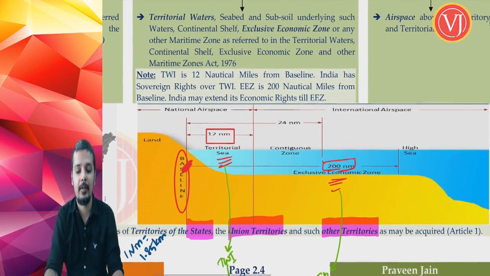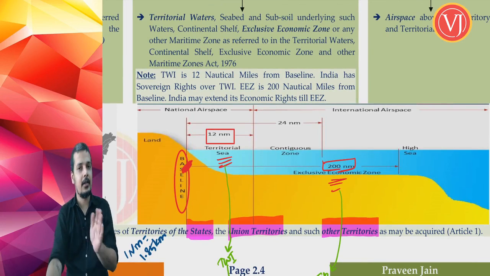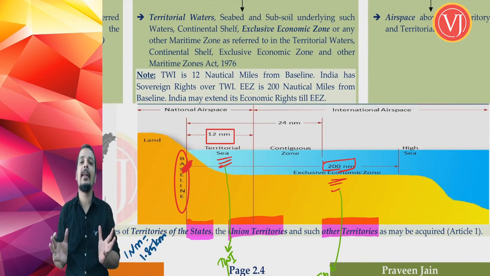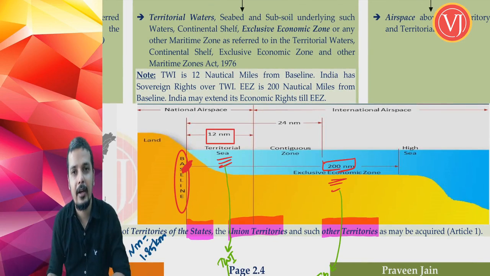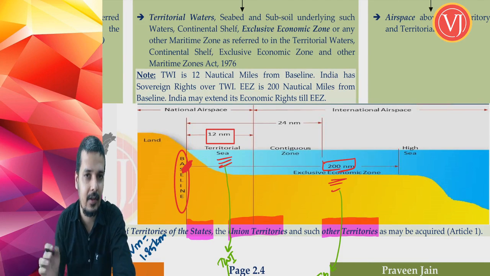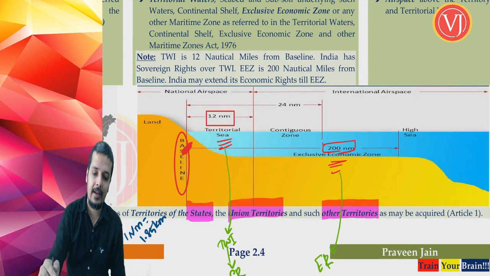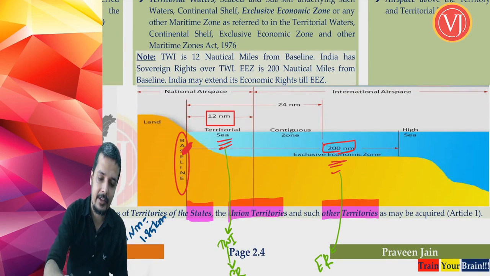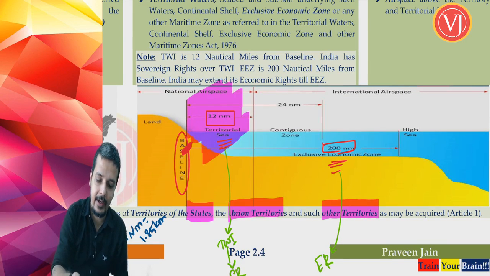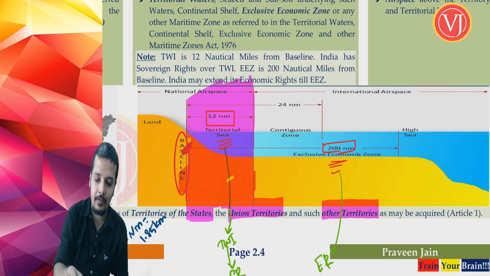You have to understand that after 12 nautical miles, not the entire area belongs to India in terms of your GST, which is dealing with your economic rights. It is the designated areas in the exclusive economic zone, which means that if I want to shade it, this entire 12 nautical miles happens to be a sovereign part of India.